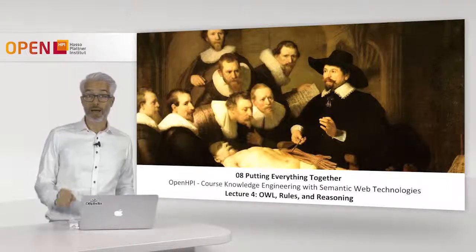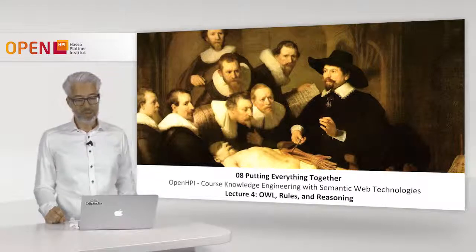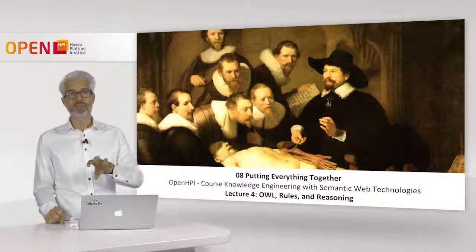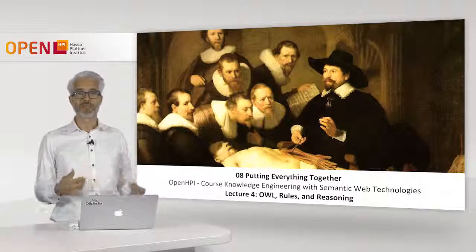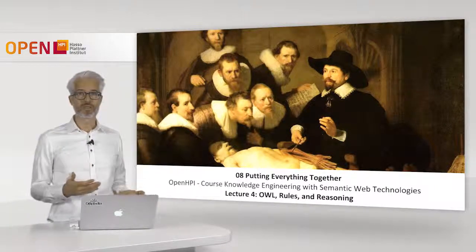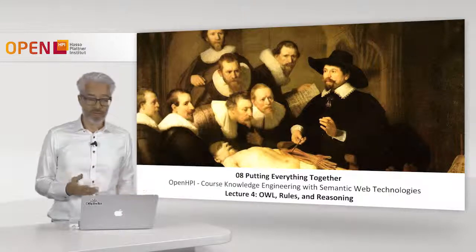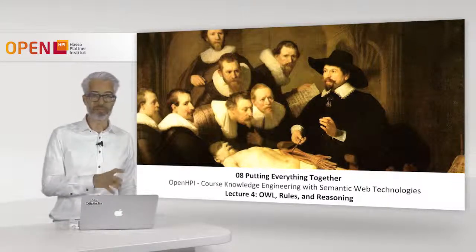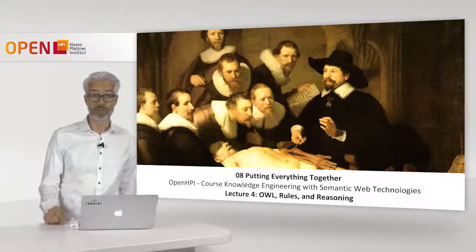In the next and last part of the lecture, we want to take a look at how this works if we apply it to a practical example. I will show you a little bit how it is to work with an ontology editor, and we can do some live editing of OWL ontologies and rules.